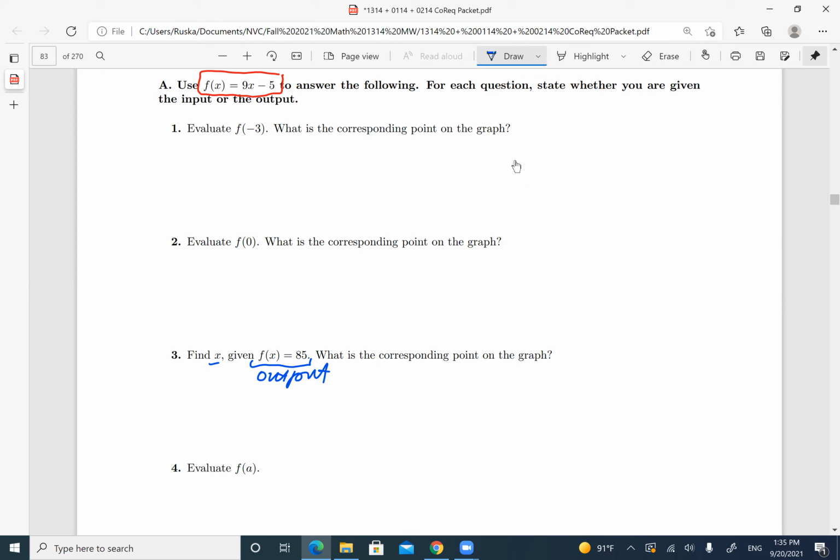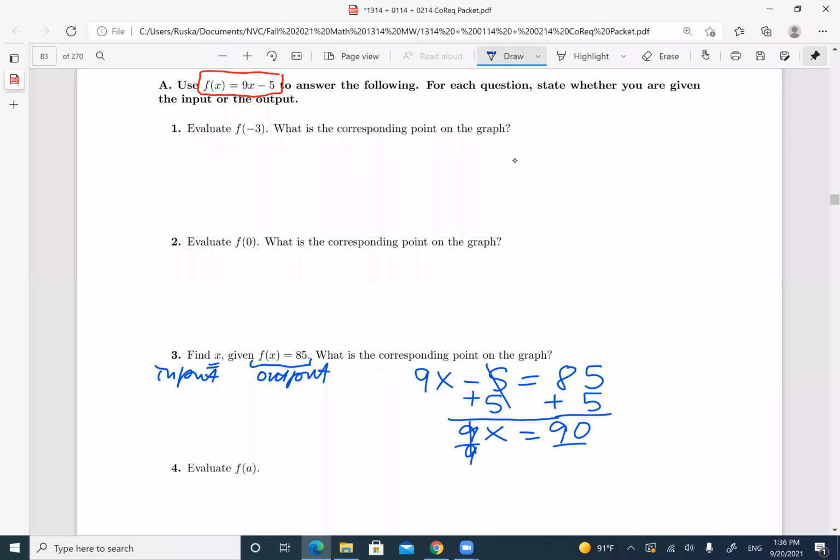So how do you find it? Just follow the function. We have 85 equals 9x minus 5. And you're going to get x by itself when you add 5 on both sides. And you get 9x equals 90. Divide both sides by 9.